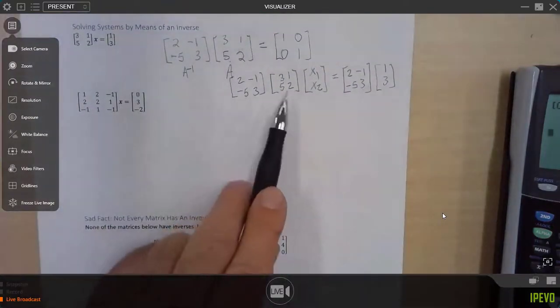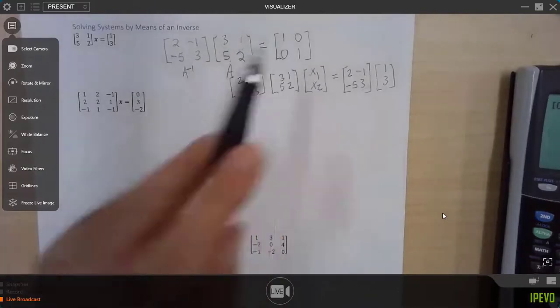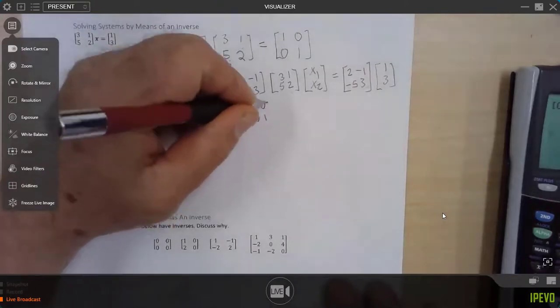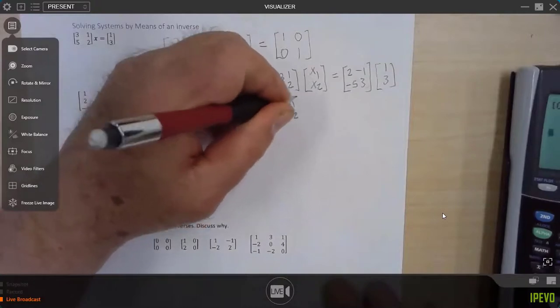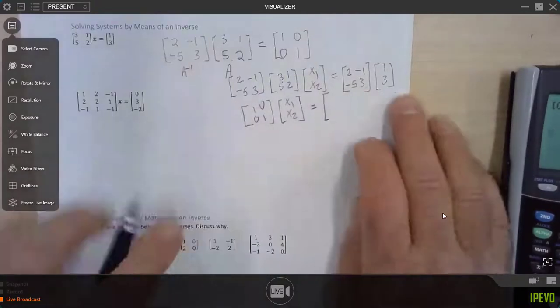When I multiply these two together, as I just did up here, I get the 2 by 2 identity. Here you actually have to do some work.